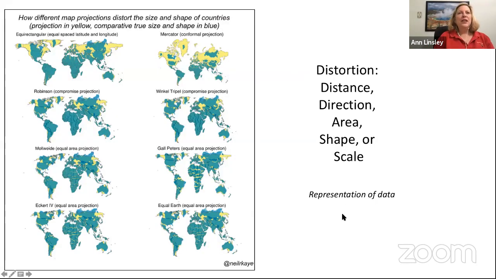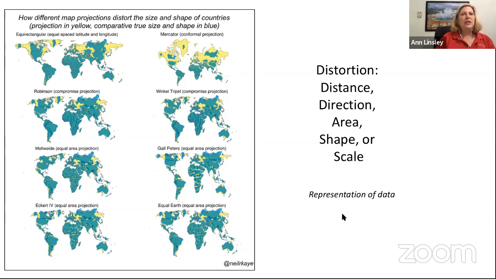All right, so we also look at maps because of the distortion that maps have, and this is still all part of Unit 1. This is a big topic with maps, and we have to consider, depending upon the information we're looking at, is there distortion, and what does that distortion do to my interpretation of that data? It does have an effect on how you perceive the size of places, the arrangement of places, and the distance between places.